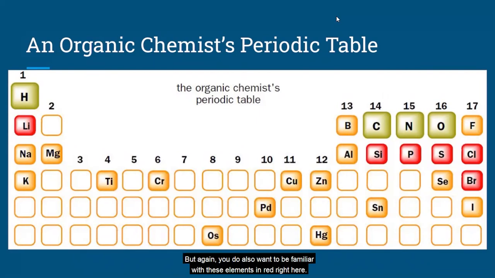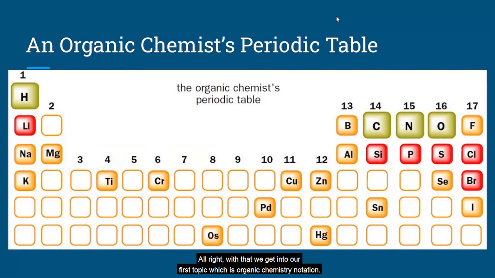But again, you do also want to be familiar with these elements in red right here. And elements in orange are important, but to a lesser extent. And in general, you want to basically understand the properties of these elements and also trends, such as electronegativity, size, radius, all that good stuff from general chemistry.